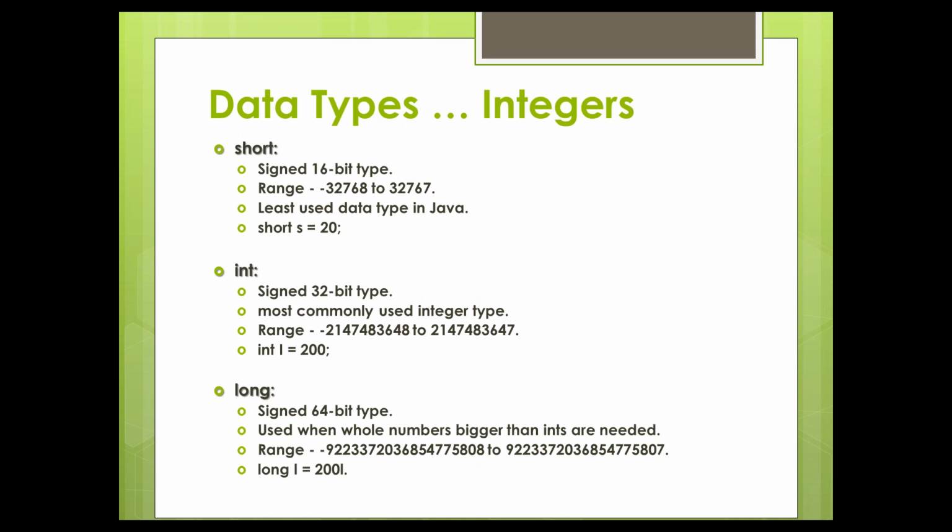It requires 16 bits to store a value of type short. Similarly, we have a range: minus 32,768 is the minimum value that you can store, and 32,767 is the maximum value that you can store in a short.